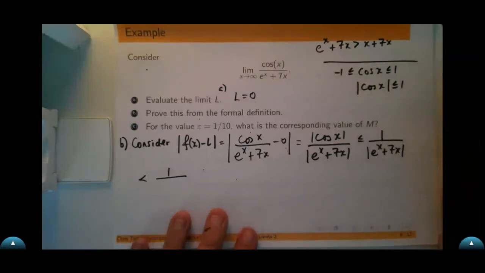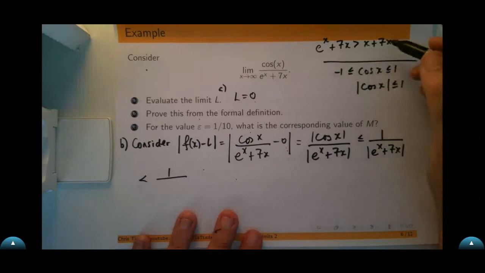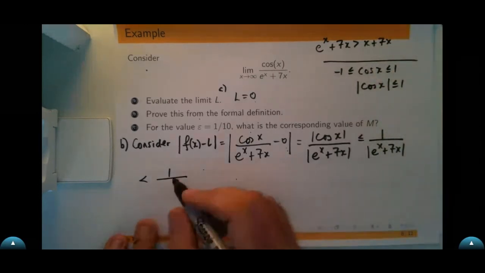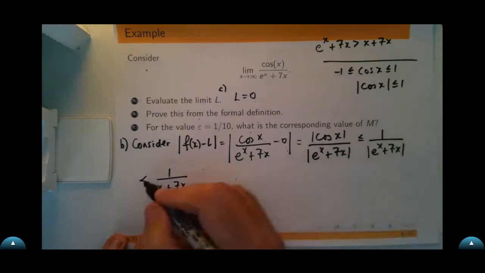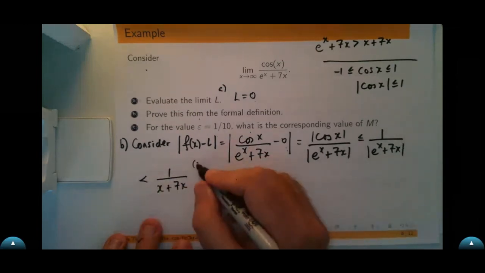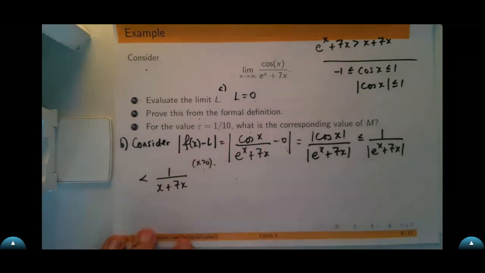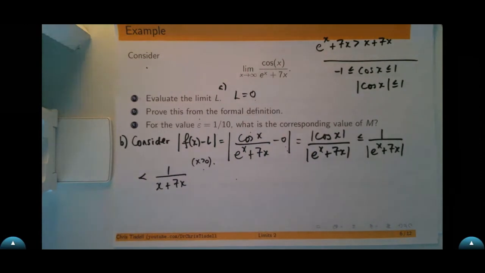Okay? Right? And so when I flip those, I can say, okay, this is less than this. And I'm going to, again, assume that x is positive here.